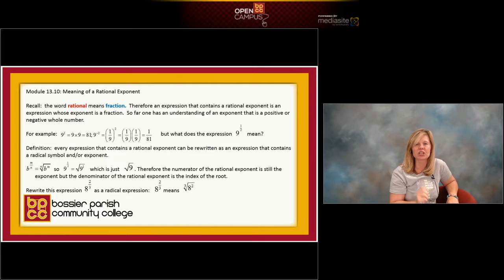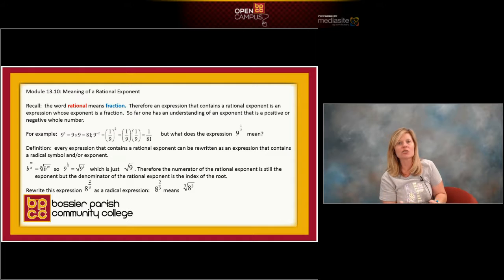On the base, there's still an exponent, but it's just now the numerator m, and the root is the denominator, the value of n. So what you're going to learn right now and how all this ties in is anytime I write an expression that has an exponent that's a fraction, you need to rewrite that as an expression that has a root and an exponent so you understand it.